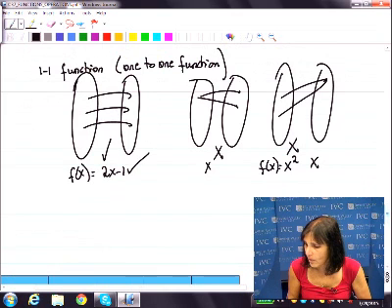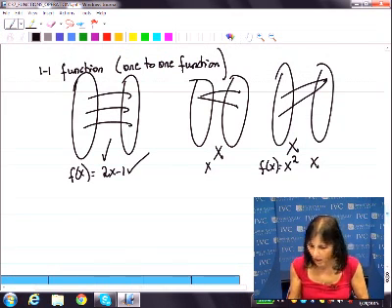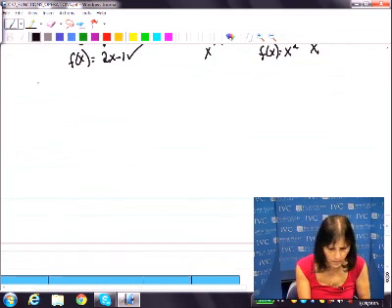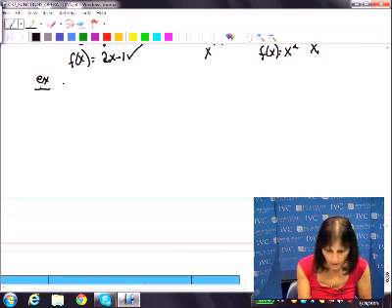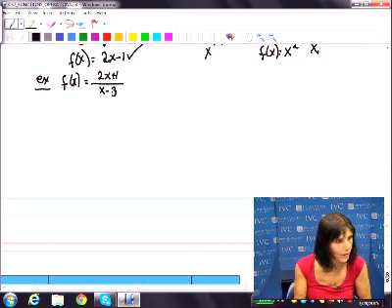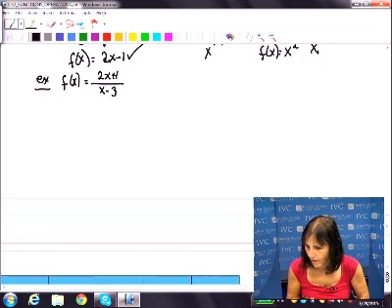So another way of checking one-to-one functions is algebraically. And let's say somebody gives you something like this: f of x equals 2x plus 1 over x minus 3. So you may end up doing a lot of algebra in there.